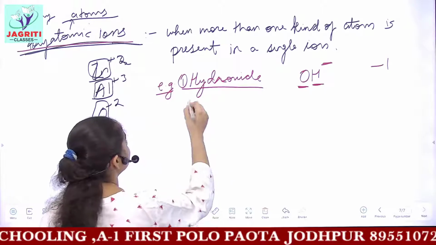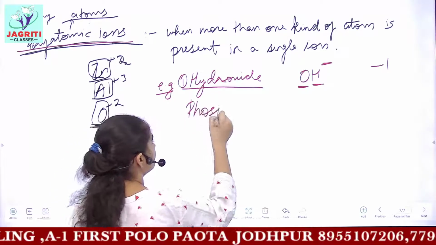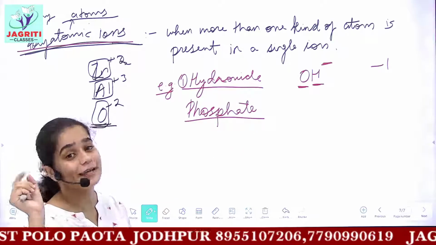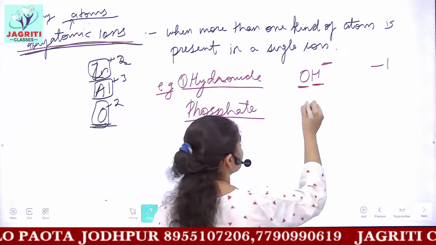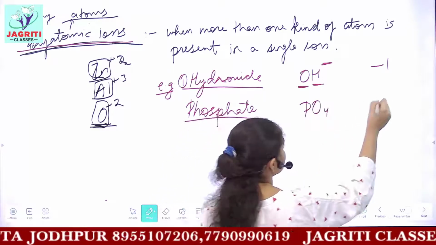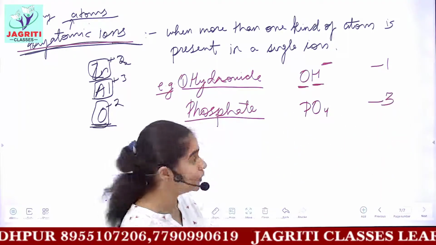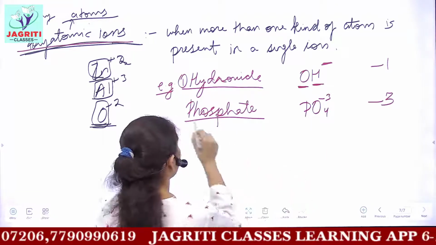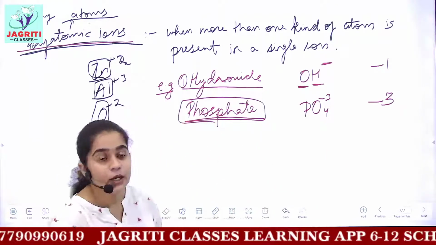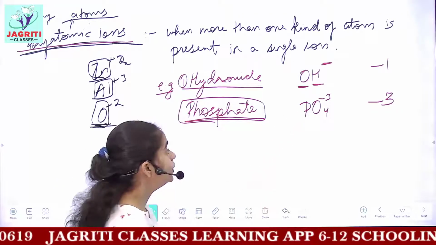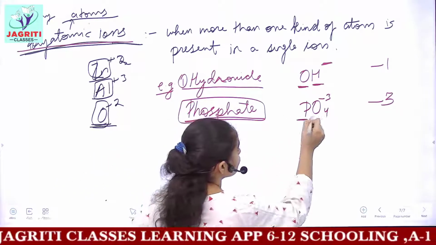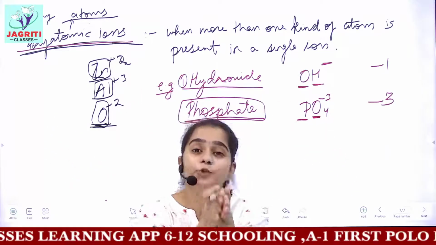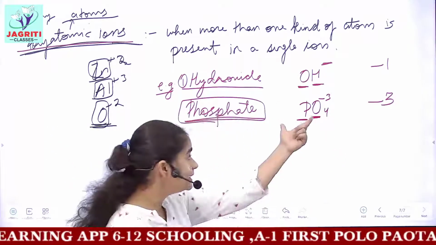Then you have phosphate. I am just discussing some examples and you have to learn the whole table. Phosphate is PO4 and the charge is -3. Okay, we write PO4 3 minus. So how is phosphate a polyatomic ion? Because it is a single ion which contains phosphorus and oxygen atoms. Both the phosphorus and oxygen atoms are grouped together, linked together in a single ion.